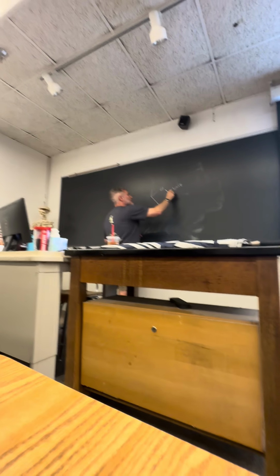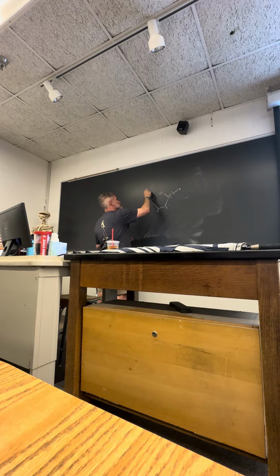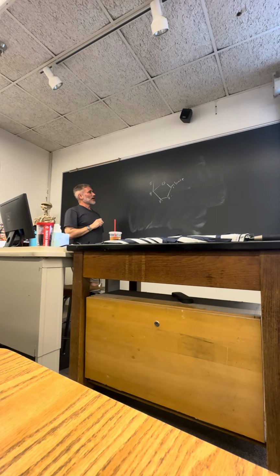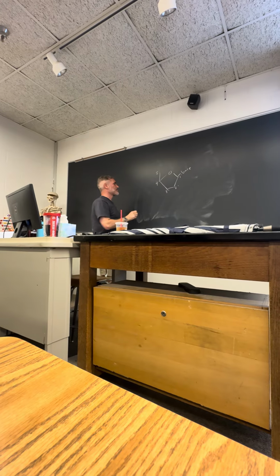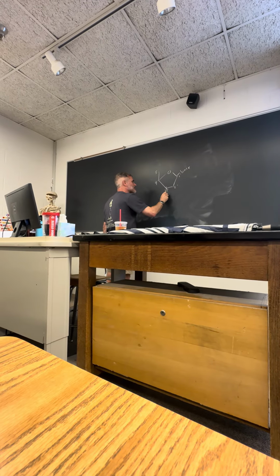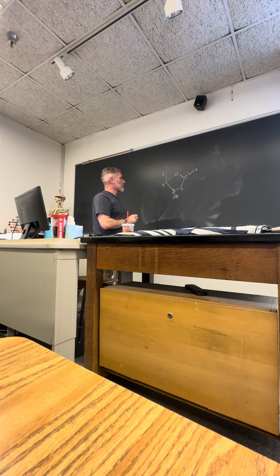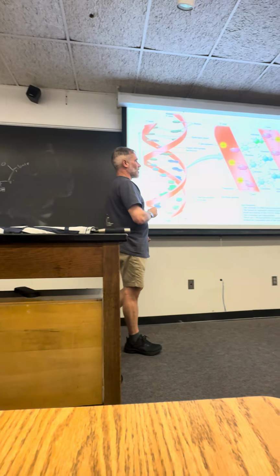So if we label the carbons going around the deoxyribose of a DNA nucleotide, we start 1' at the carbon that's attached to the base, then 2', 3', 4', 5'. The 3' carbon has one of the most important groups to this whole process of making a double-stranded molecule, and those are hydroxyl groups.